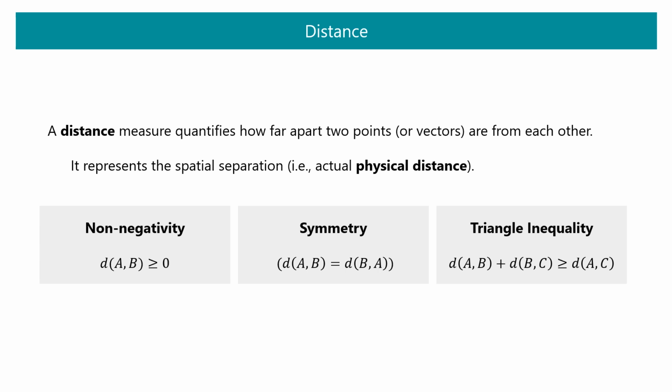Distance is always zero or a positive value, and negative distance does not exist. The second is symmetry. The distance from point A to point B is equal to the distance from point B to point A. The third is triangle inequality. The distance between any two points is less than or equal to the sum of the distances between the other two points.